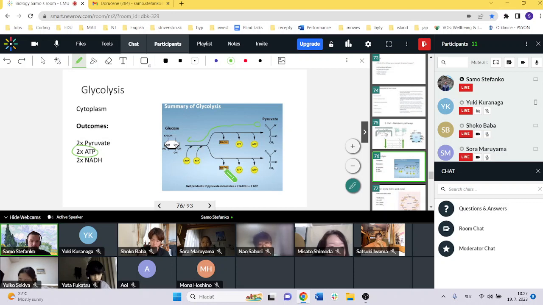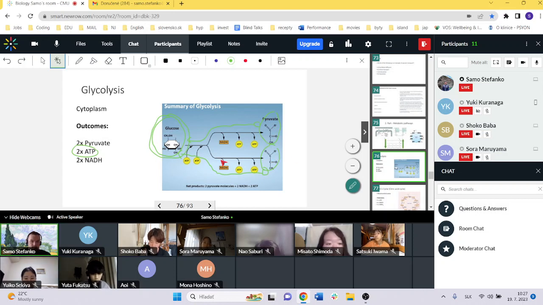So we have two pyruvate molecules at the beginning of gluconeogenesis, and they undergo the opposite direction of glycolysis in order to get glucose. So from two molecules of pyruvate, we get one molecule of glucose. That's because pyruvate has three carbons in the formula, and glucose has six carbons. So 3 plus 3 makes 6.